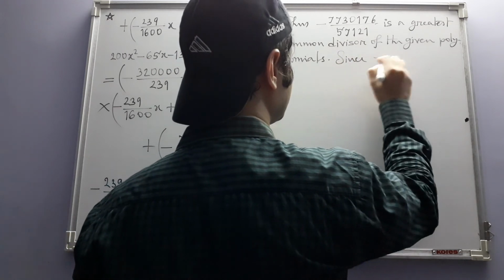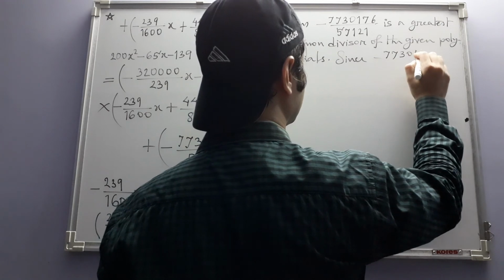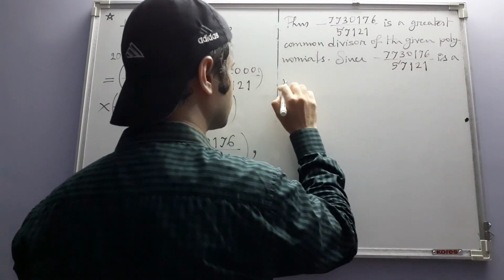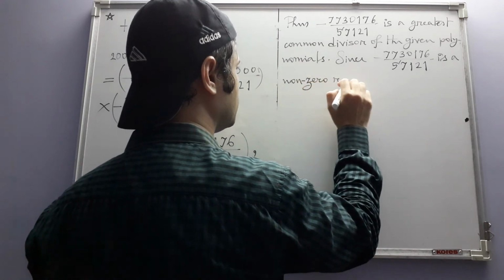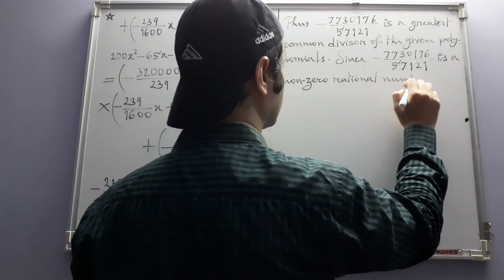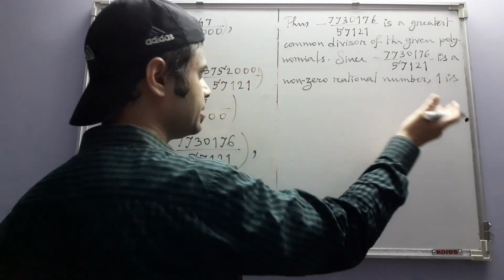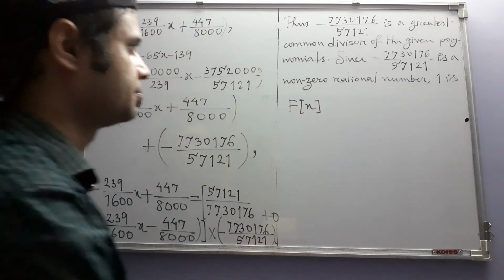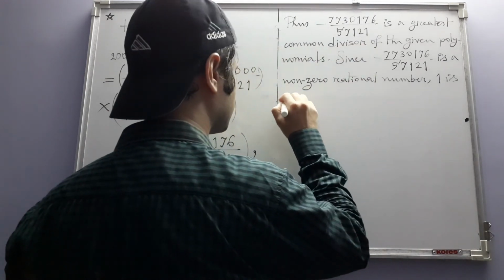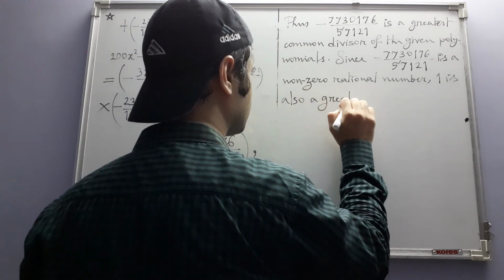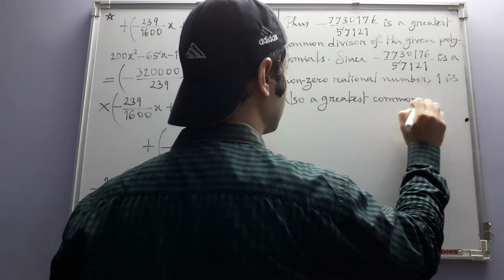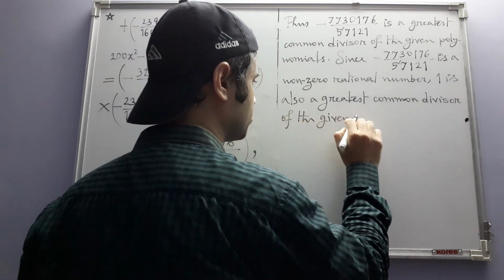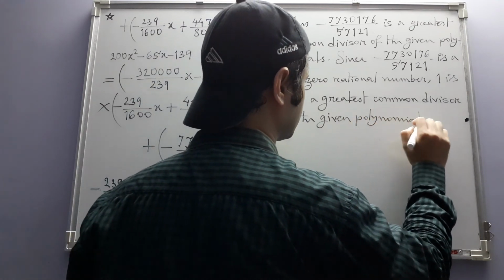Since minus 7730176 divided by 57121 is a non-zero rational number, 1 is an associate of this in the polynomial ring F[x]. 1 is also a greatest common divisor of the given polynomials.